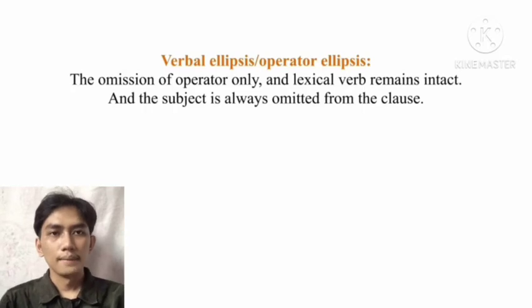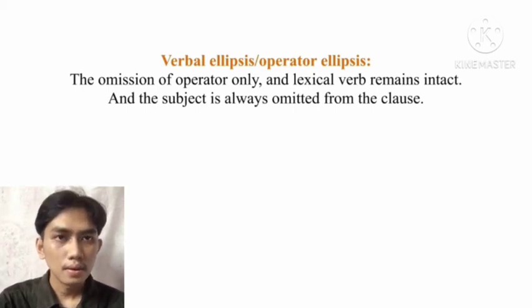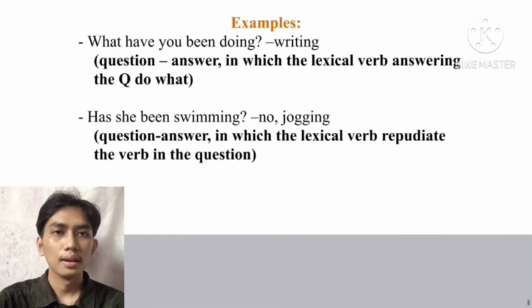Okay. The operator ellipsis kind. It is omission of the operator only, and the lexical verb remains intact. It remains unchanged, and the subject is always omitted from the clause. Example for that is, what have you been doing? Writing.